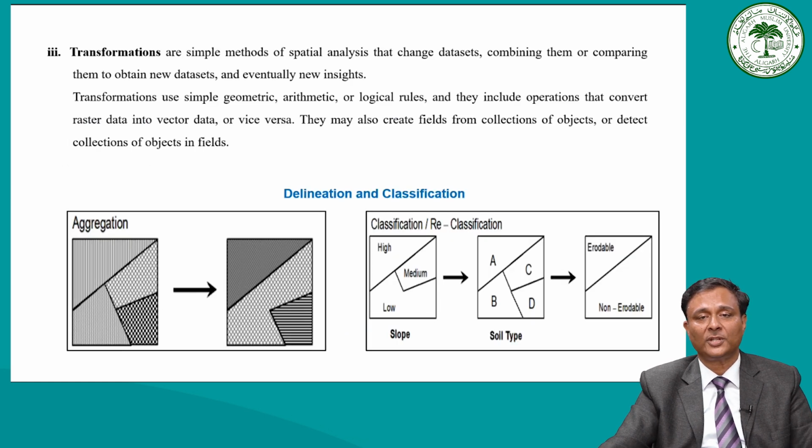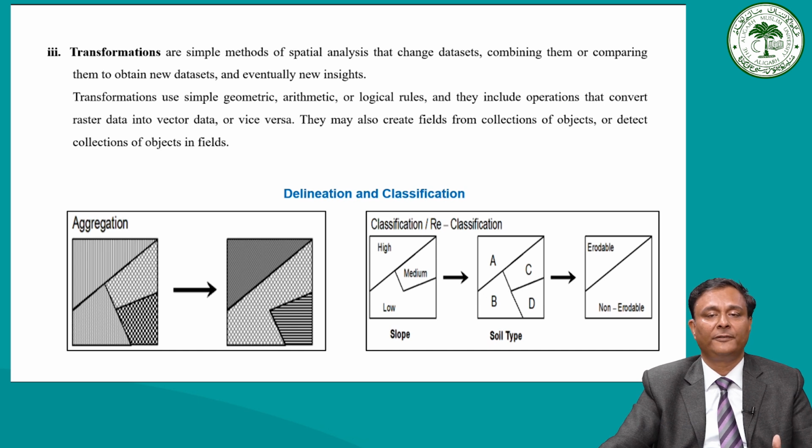Another could be transformations. They are simple methods of spatial analysis that change the data sets, combining them or comparing them to obtain new data sets. And eventually, we can draw some new insight into the changed information which is being depicted in the spatial information. The example is of delineation and classification, which is being represented here.